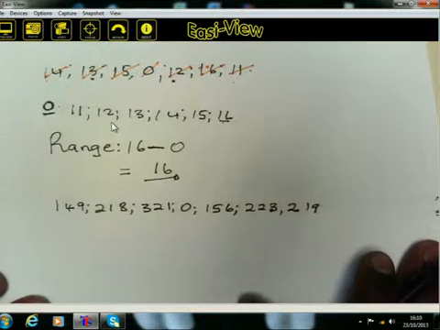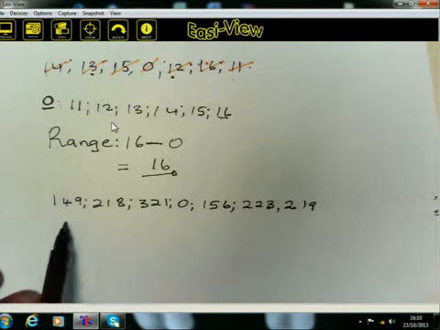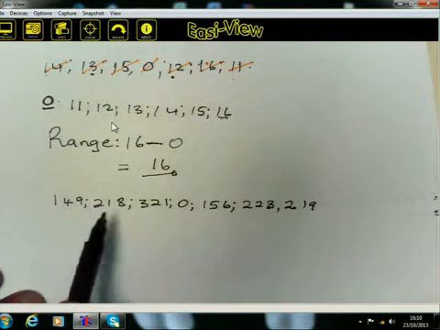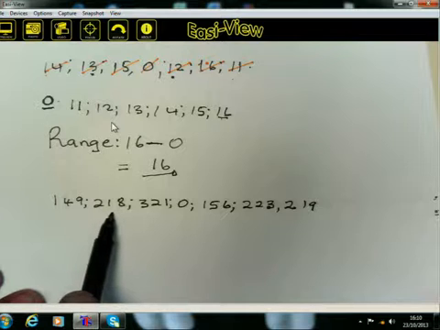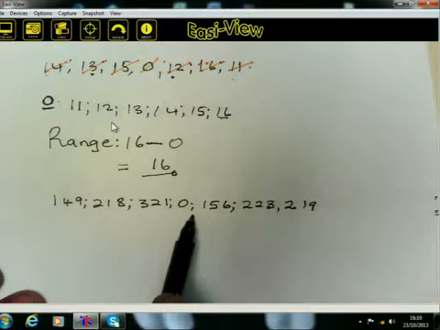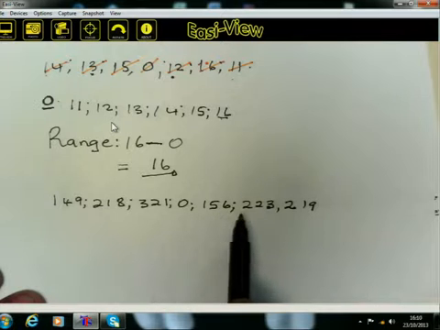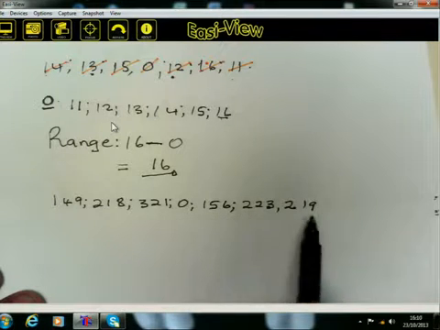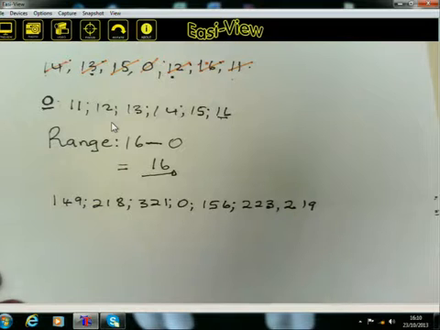Now let's check them. I said it is 149, 218, 321, 0, 156, 223, and 219. What must I do first? You know, you have to rearrange. Always, you must rearrange.